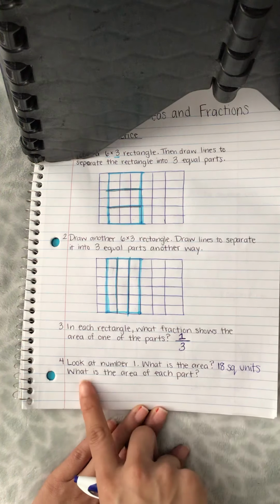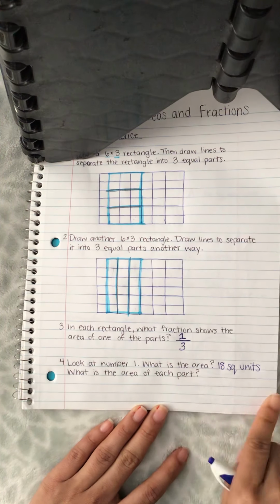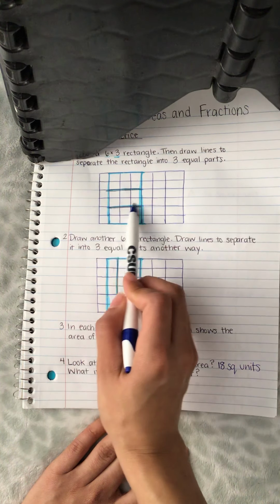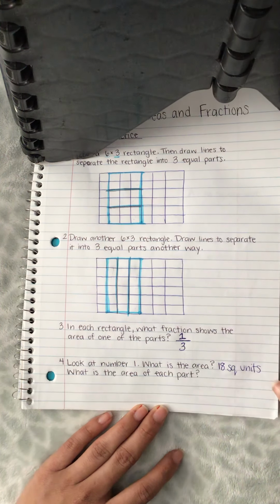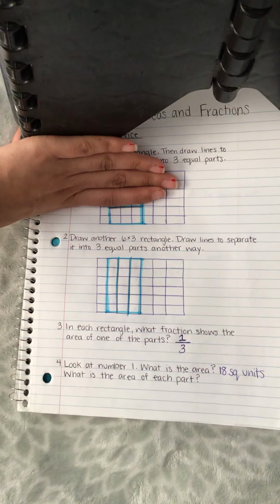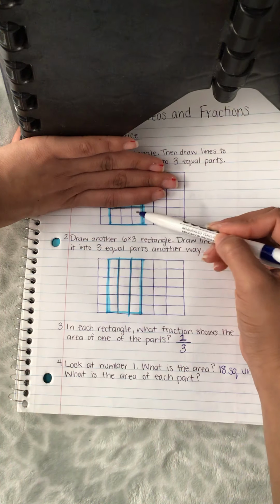Now it's also asking what is the area of each part. So remember we broke them up into 3 equal parts, 1, 2, and 3. So what is the area of each part? If we just look at one part, let's count the area. 1, 2, 3, 4, 5, 6.